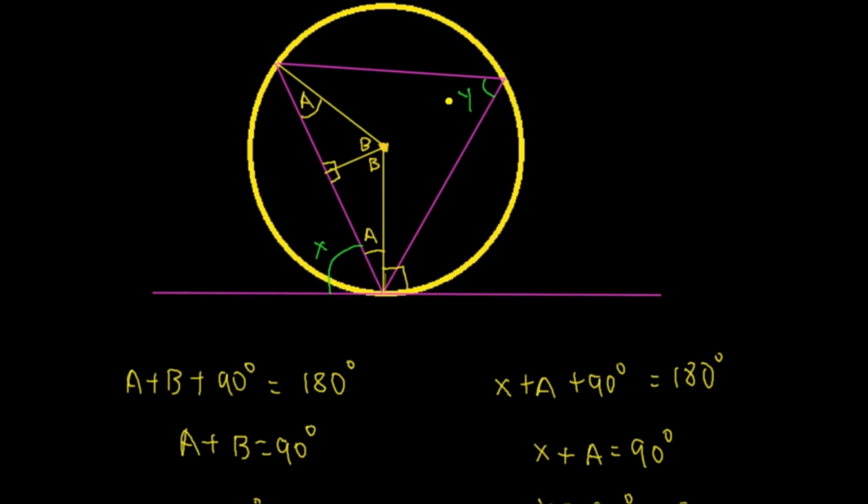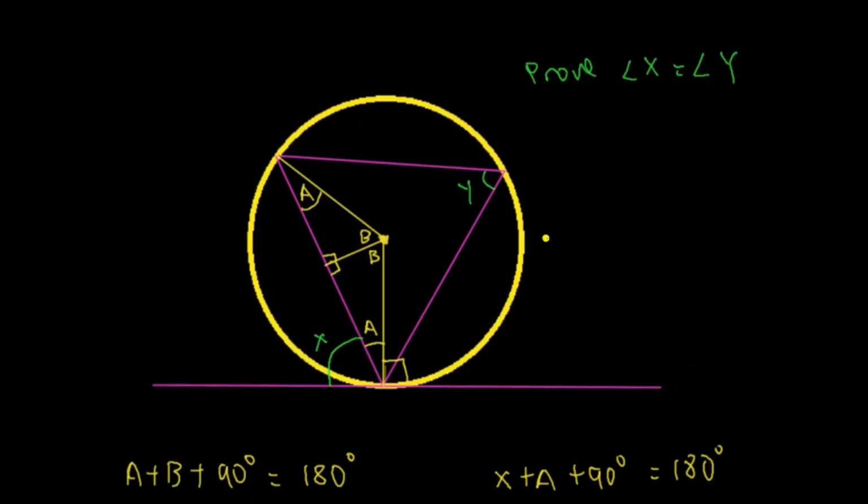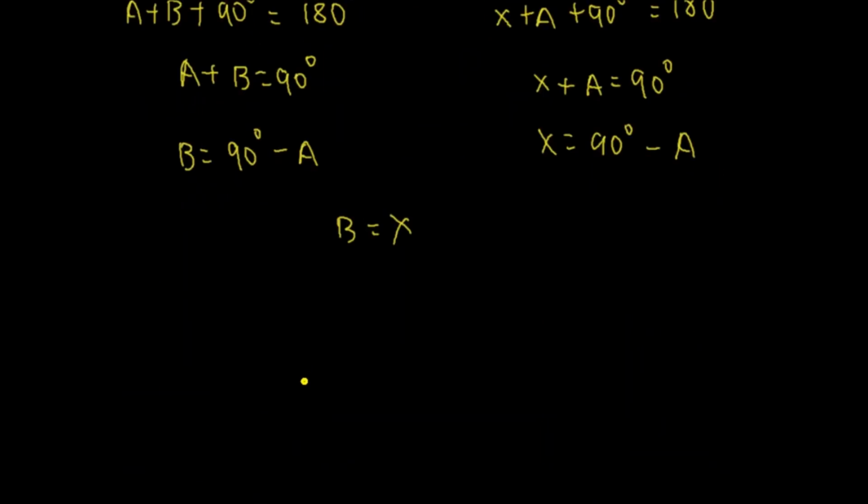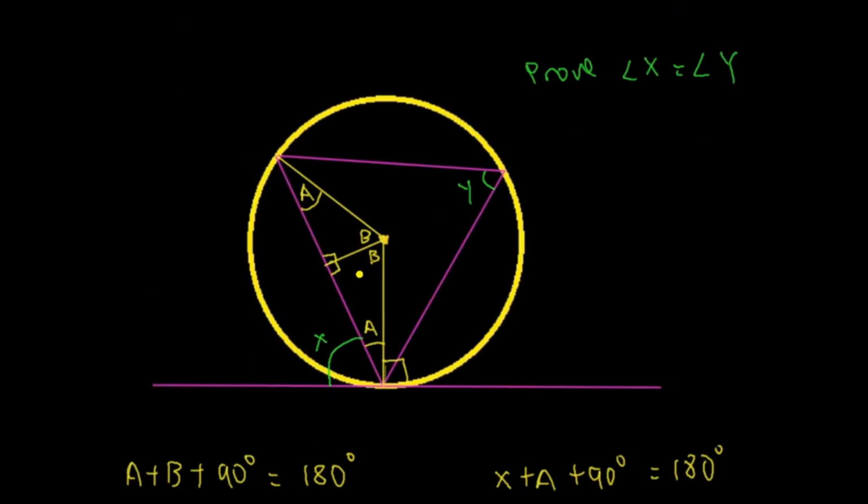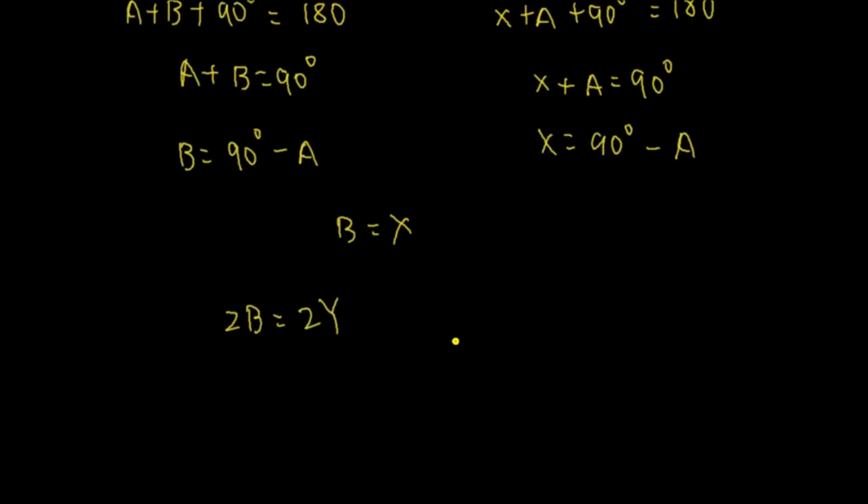So how is that related to angle y? Again, we just talked about the first circle theorem: 2b should be twice y. So we can say that 2b is equal to 2y, because this angle is twice as large as this angle. If 2b is equal to 2y, I can divide both sides by 2, then I have b equals y.